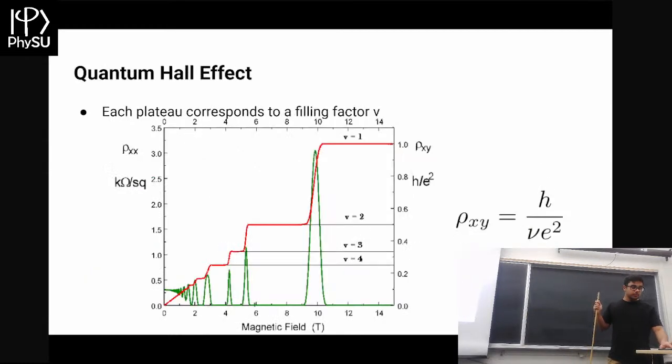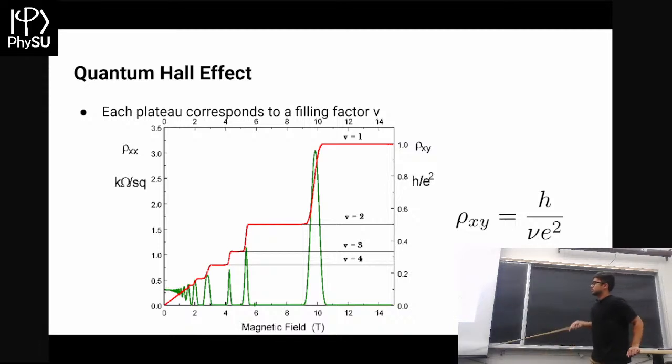And that relates to this idea of these plateaus. That explains it actually. As we go up in magnetic field, each of these plateaus here corresponds to when we fill up one of our Landau levels. The exact relationship is that the resistivity here, the red curve, plateaus at values of h, which is Planck's constant, divided by e squared, the charge of an electron squared, divided by this filling fraction nu.